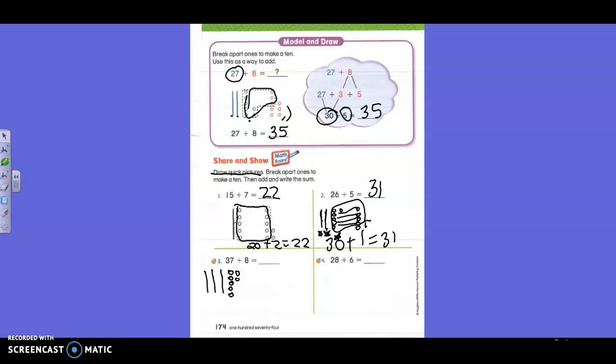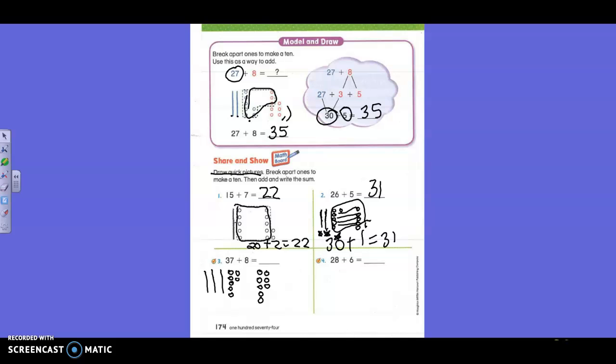How do I make 8? 8 1s. Everybody paying attention? Everybody done drawing?